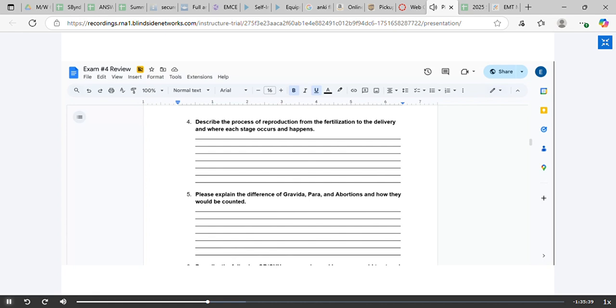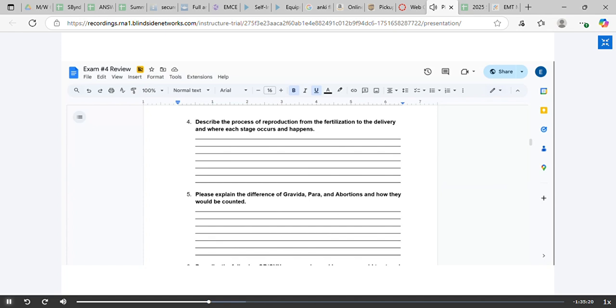So the body recognizes that this fertilization didn't occur, so the menstrual cycle will continue, and the egg and all the excess tissue that's been building up will be shed. Okay, she'll be on her period, right?